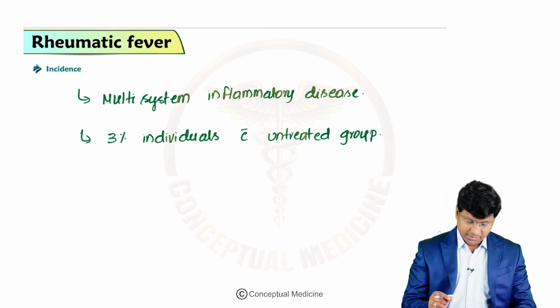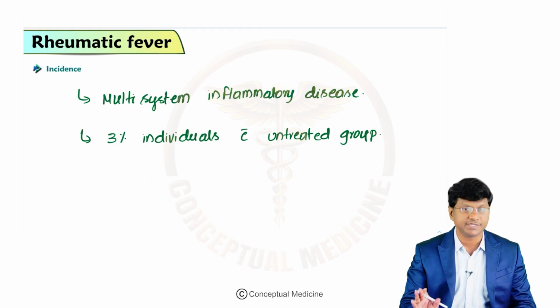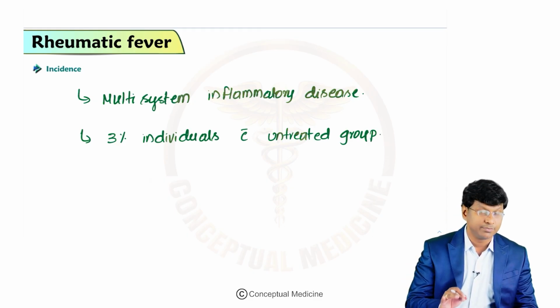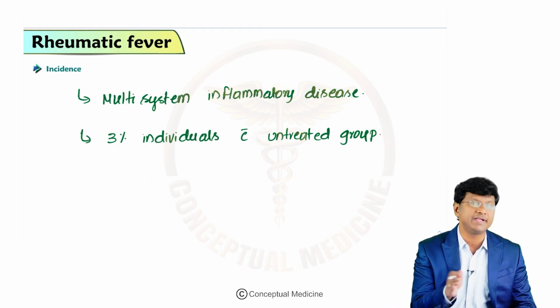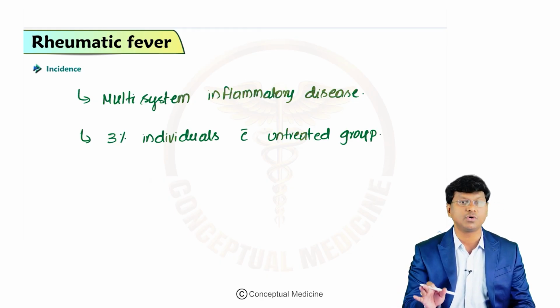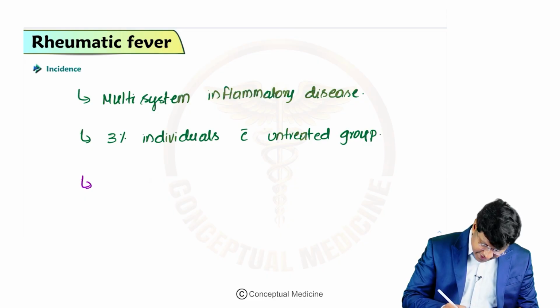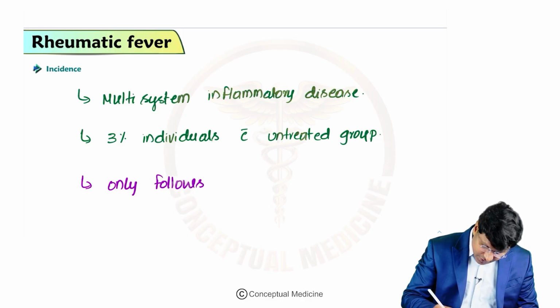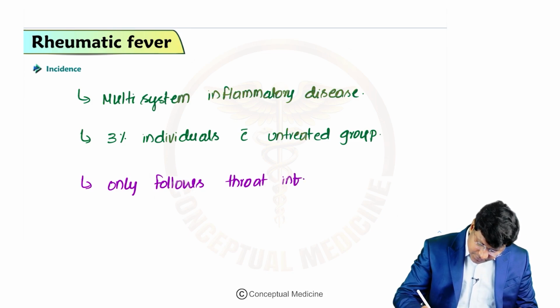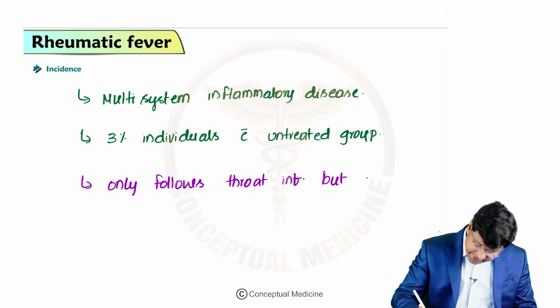Rheumatic fever is secondary to group A beta-hemolytic streptococcal throat infection, or pharyngitis. Please remember, rheumatic fever only follows throat infection; it does not follow skin infection.